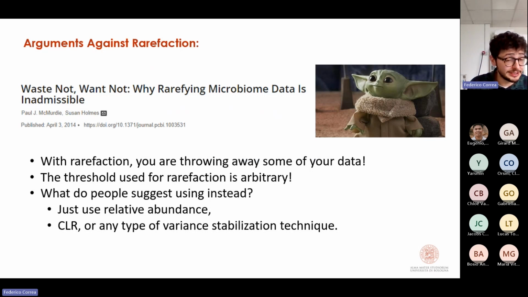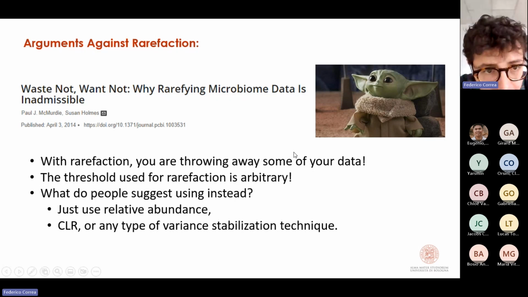So this step is just not enough to normalize your data. What these authors suggested instead was to use a variance stabilization technique like centered log ratio, which is taken from compositional data analysis.